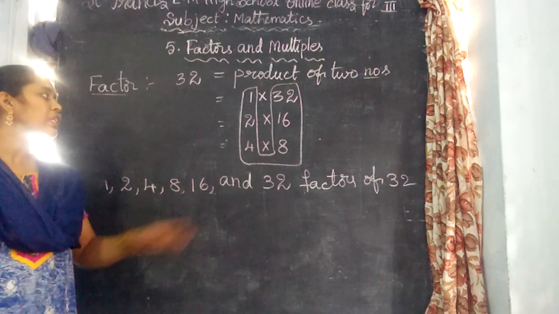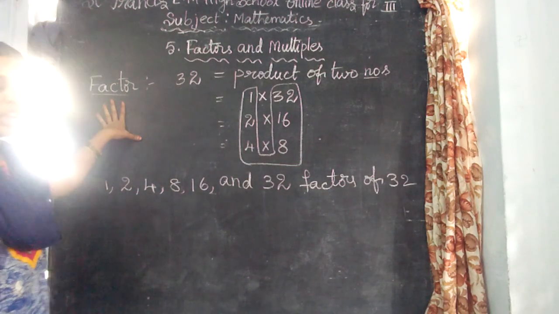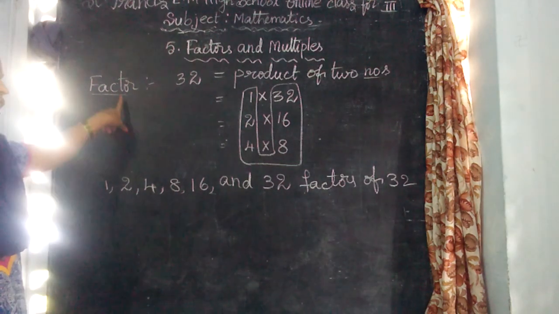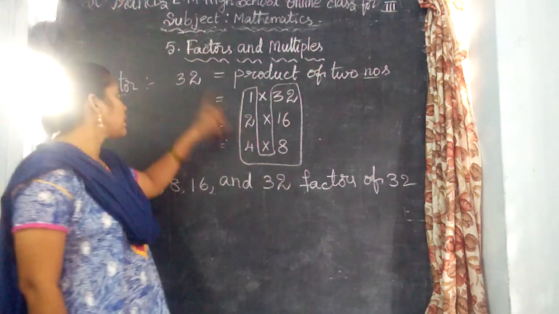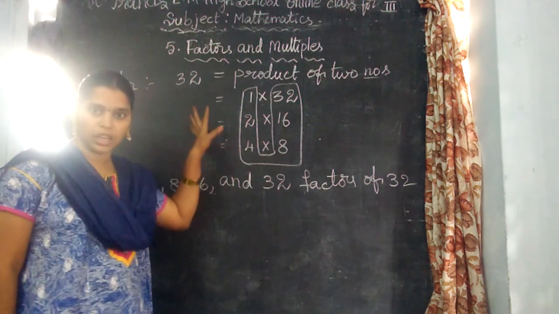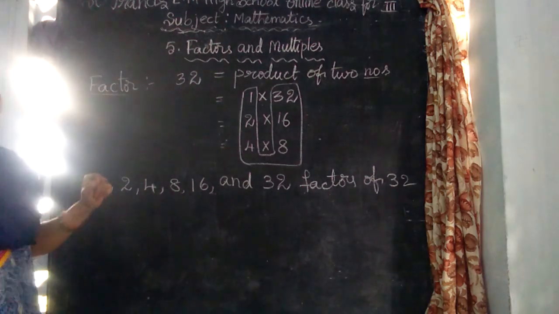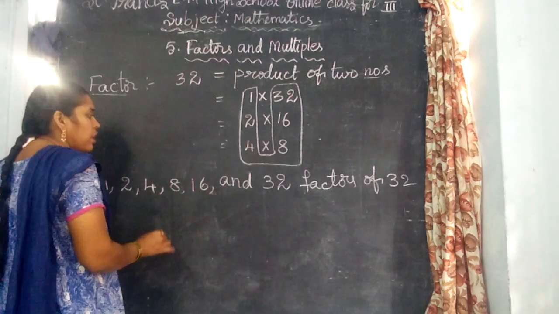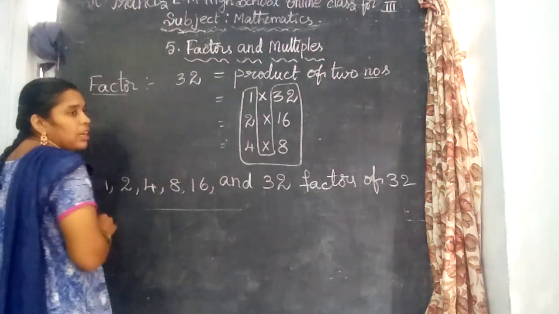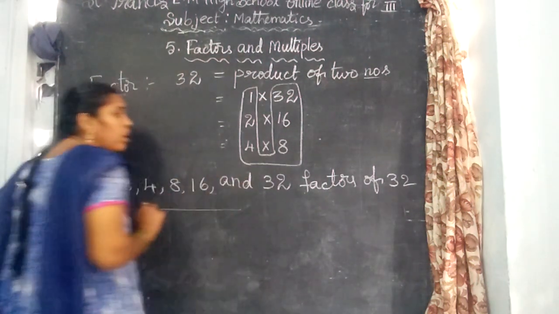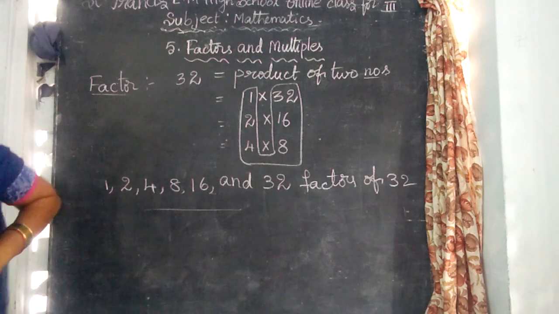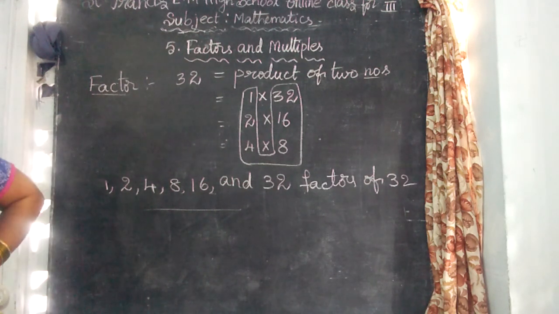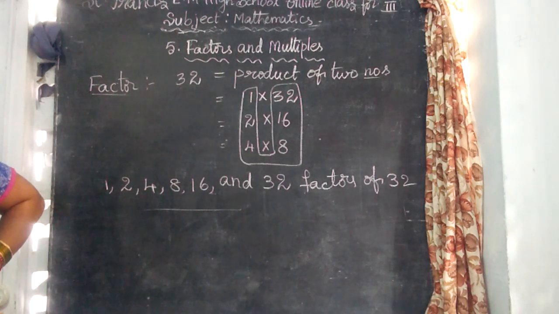So see the properties of factors. One is a factor of every number, and the number itself is a factor of that number. All the factors of any number are less than or equal to the number. A factor of a number is smaller than or equal to the number.